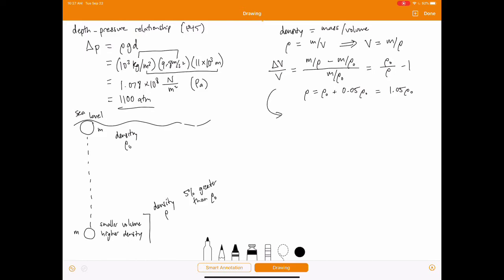So delta V over V is equal to rho naught divided by 1.05 rho naught, cancel those out, minus 1. So this is just a number, and it's going to come out to minus 0.0476. This is what we call the fractional change in volume.